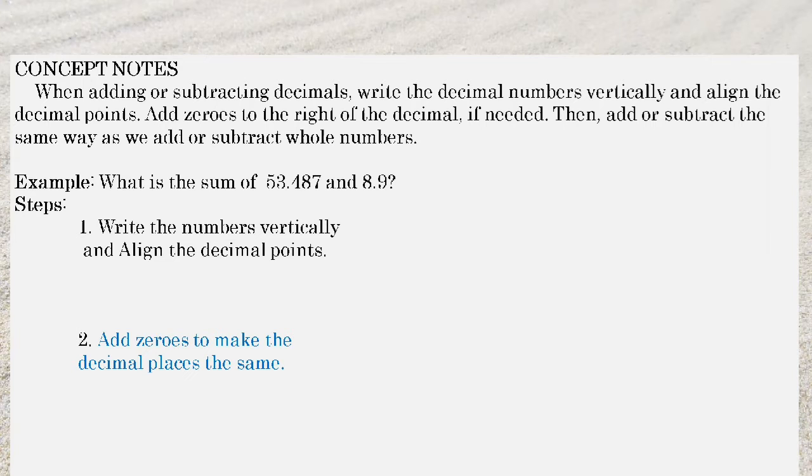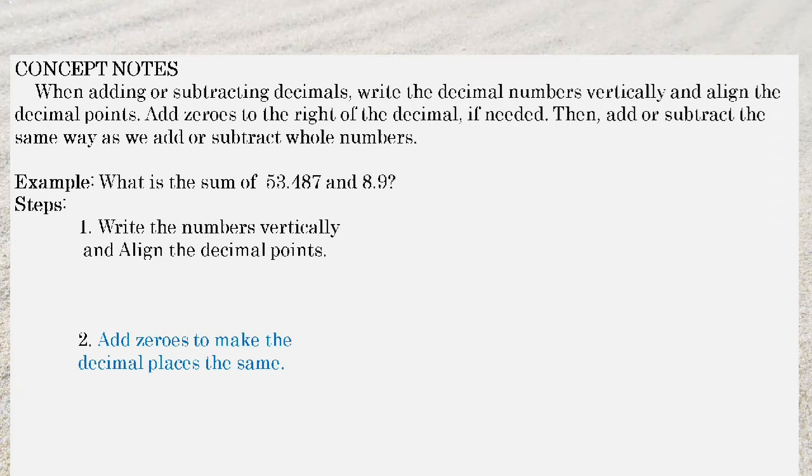Once we align the decimal point, the digits must be aligned based on the place value. Ibig sabihin, dapat naka-align si same place value, si decimal points, si ones, si tenths, and other place values. Hindi pwedeng magka-align si tenths, tapos ang ka-align niya ay si hundreds. So, therefore, dapat same place value siya.